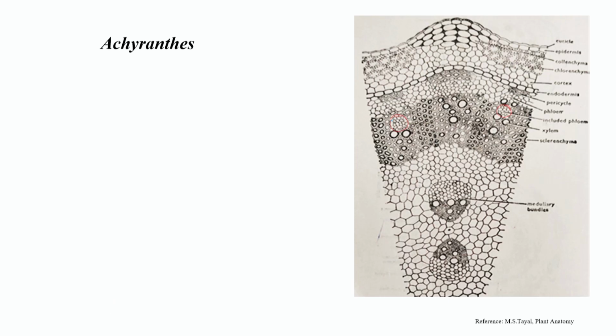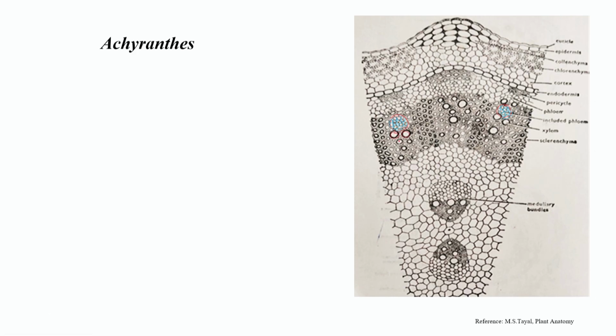You can see here if we change the color and make it as such. These patches of phloem will contain the elements which are there in phloem, like sieve tubes, companion cells, parenchyma, fibers. So all those things could be there.